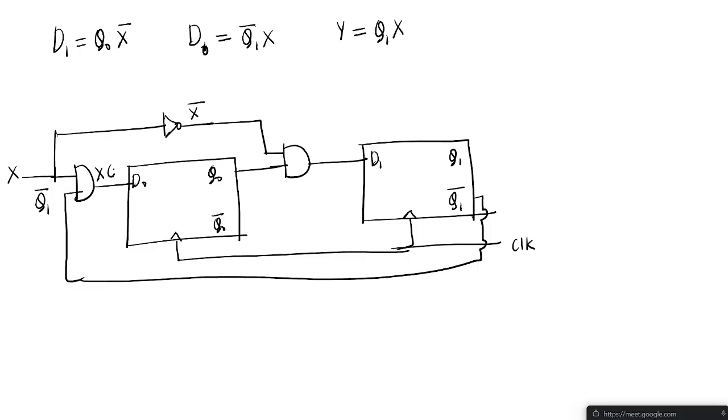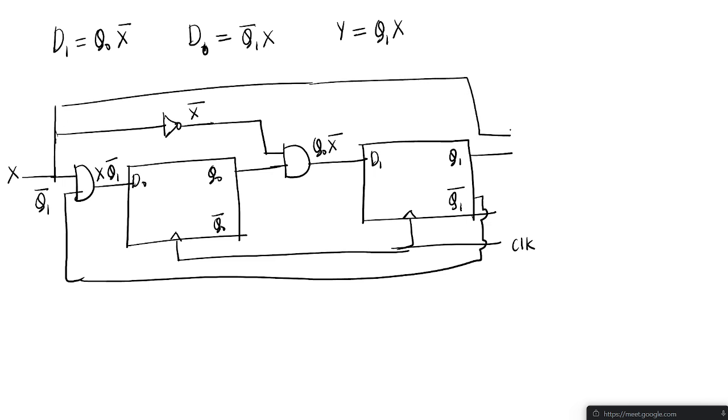So X Q1 bar. Okay, this is Q naught X bar. Next, what is Y? Q1X. You take from here, and this is output Y.